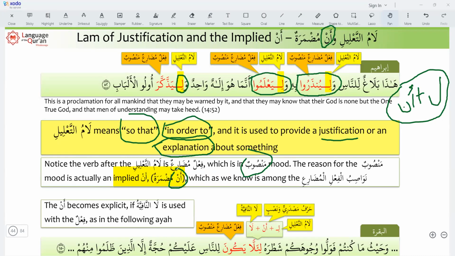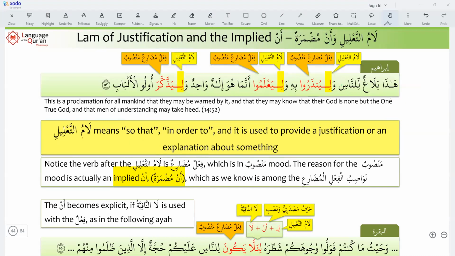So it is taking mansub because of this an, not because of this lam. But in that lam, an is implied. So is it clear? Do you have any confusion or question in this?